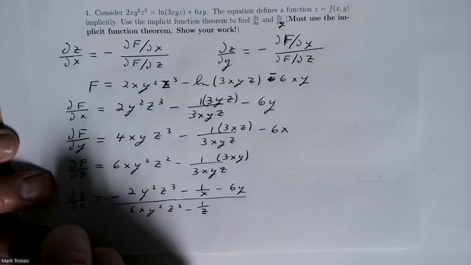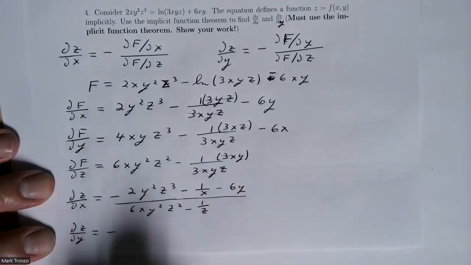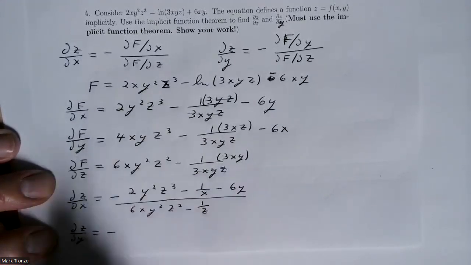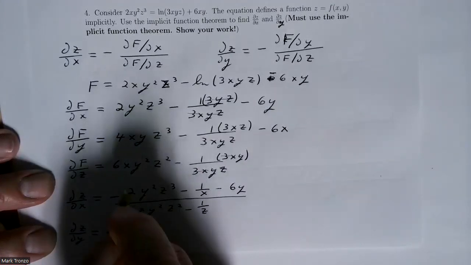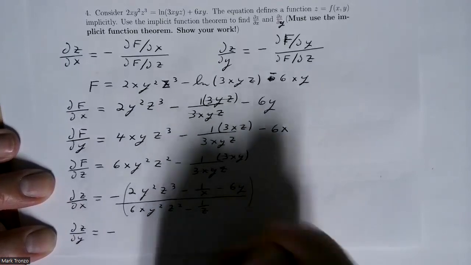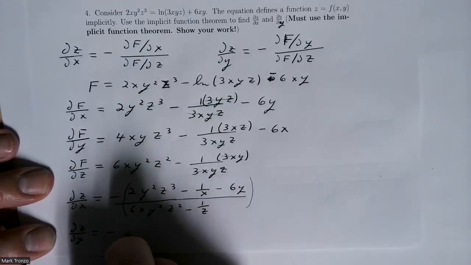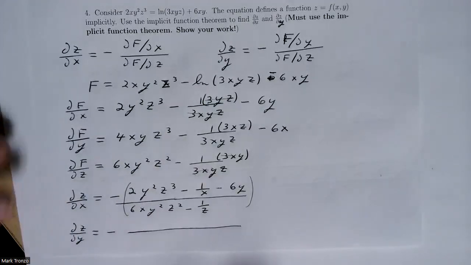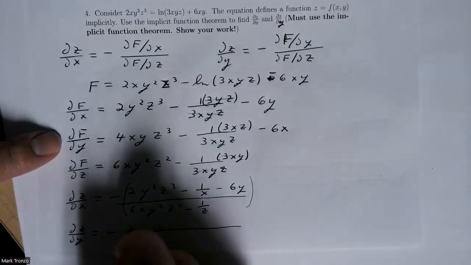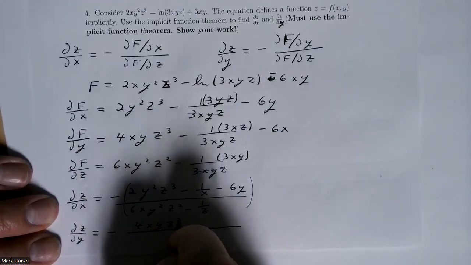Then finally, dz dy is going to be negative. And excuse me, on this last one, that negative is out in front. I don't know if that's clear there, but that negative is out in front here. And same thing here, this negative is going to be out in front. Now we go back to df dy, which is 4xyz cubed.